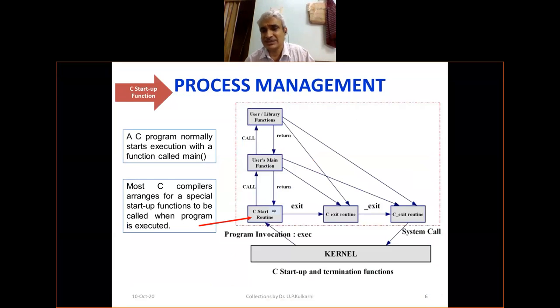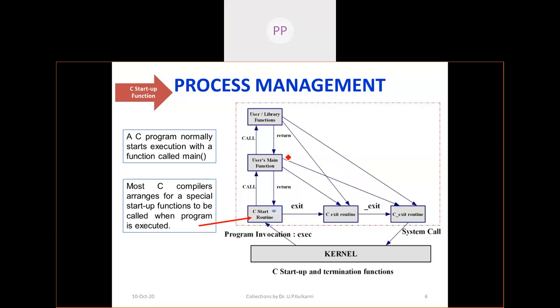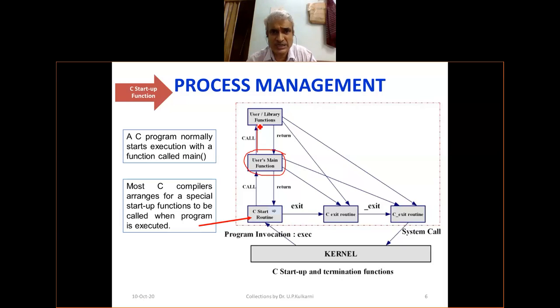See here, this is how a C program executes. In a C program, you have the main function. The main function calls your user-defined functions and returns. When you run your program a.out, who will call the main function?